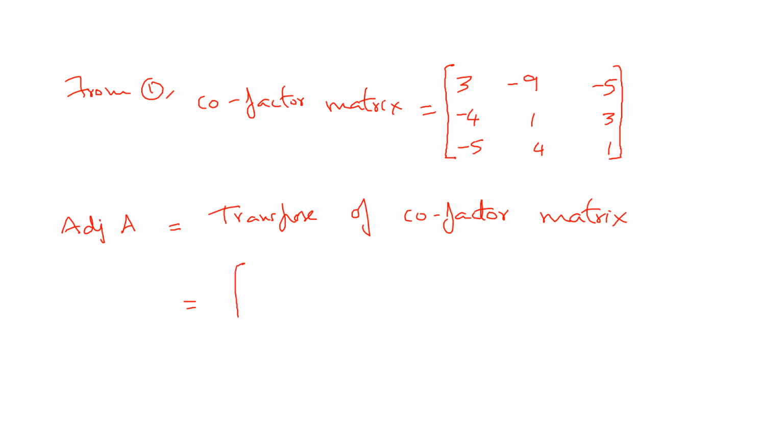So when you take the transpose, you know how to take the transpose. The first row becomes the first column here. So that is 3 minus 9 minus 5 minus 4 1 3 minus 5 4 1. Okay, so this is the answer.